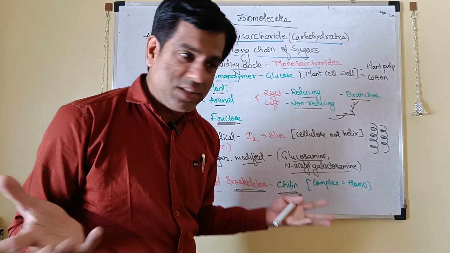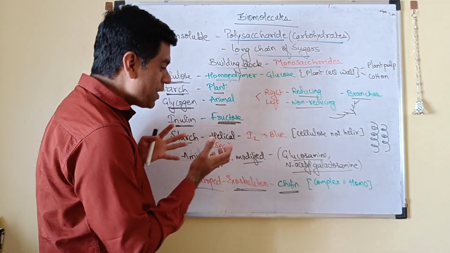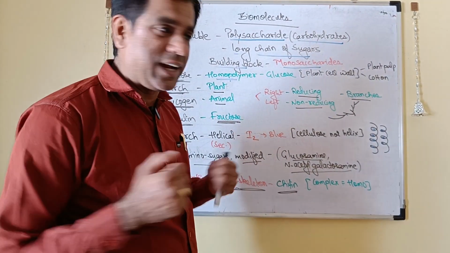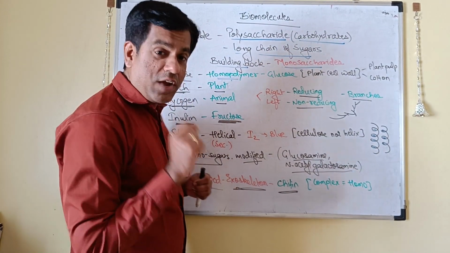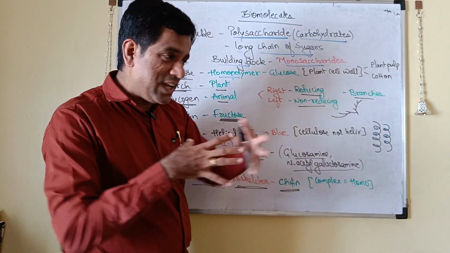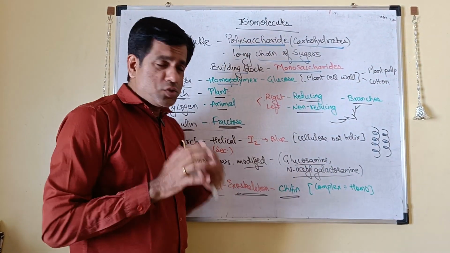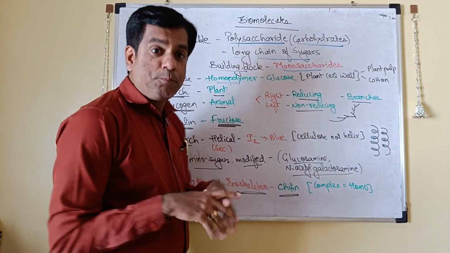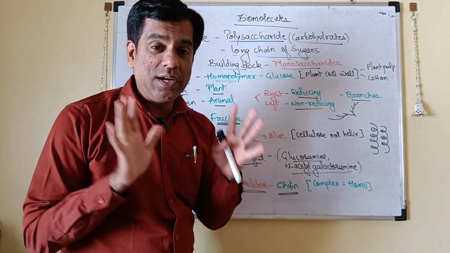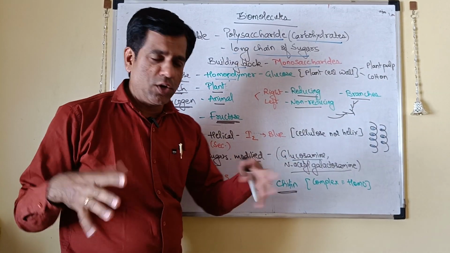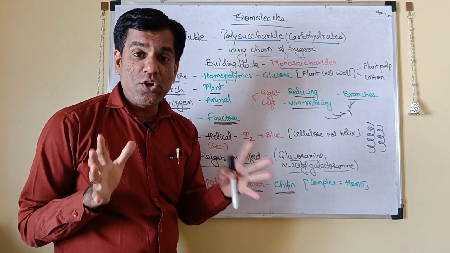Somehow many people think it is a protein. No, it is a polysaccharide, a complex polysaccharide made of N-acetyl glucosamine. Many N-acetyl glucosamine units link together to form chitin. Most of your complex polysaccharides are homopolymers, made of only one type of sugar. If they are made of multiple types of sugar, it is a heteropolysaccharide.